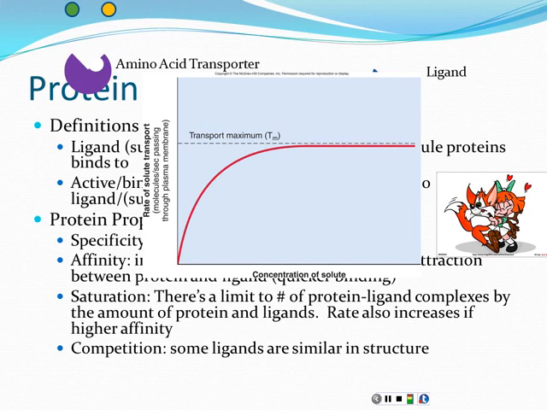If the yellow one first binds to this active site, the green amino acid won't be able to bind to it, so it's not going to be able to react with that particular active site on that protein. However, if the yellow one is not there, then the green one can interact with it. So there's this competition for the active site if we have similar ligands competing for the same active site.